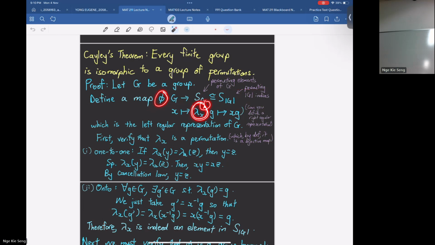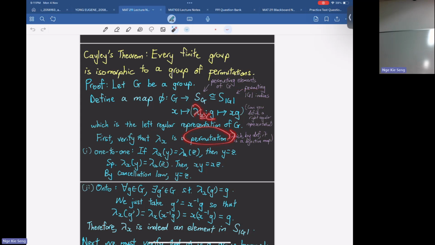Okay? I understand or not? Lambda x is what? Lambda x is another map. So what's this map? You give me anything inside G, I send it to SG, XG. And then I have to show that this lambda x is a permutation first. But permutation just means what? A bijection.